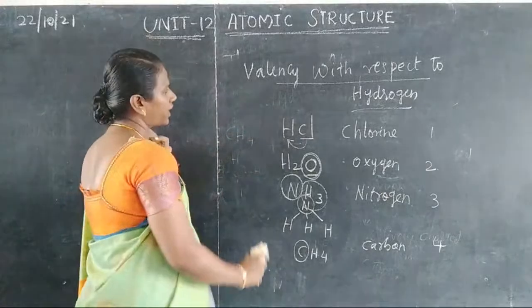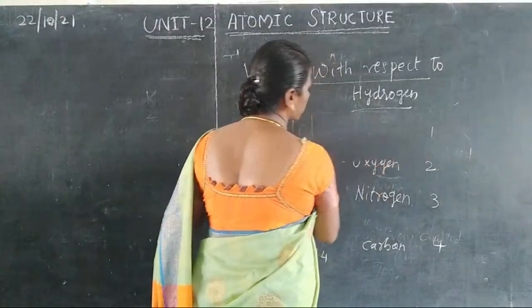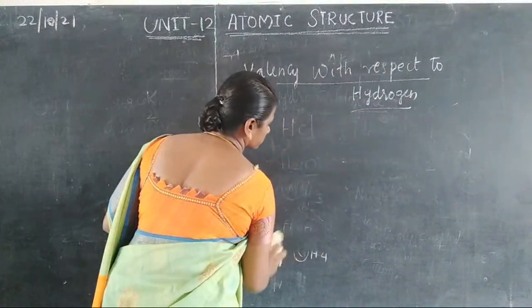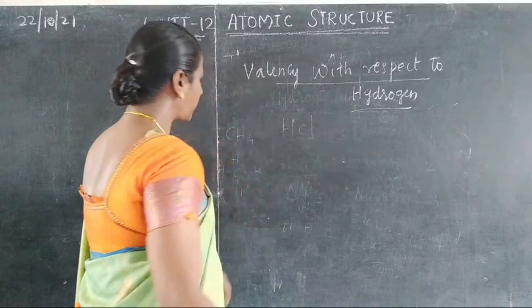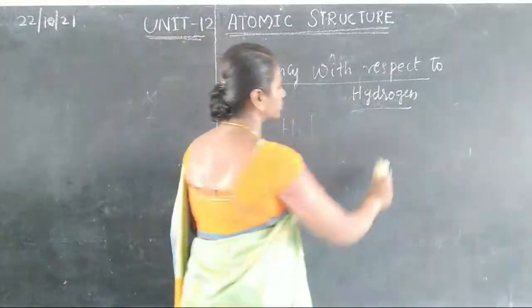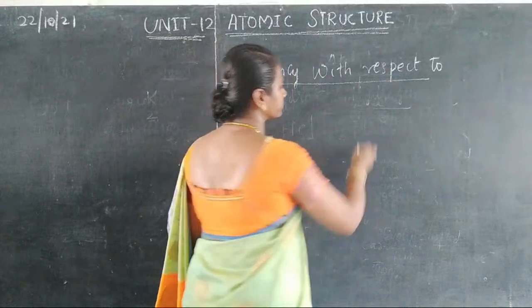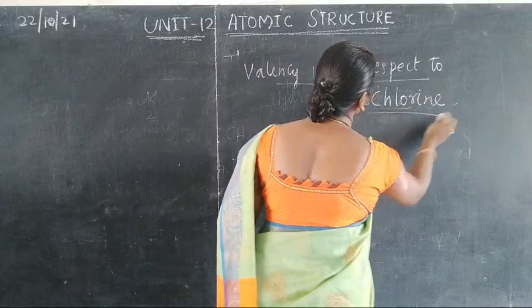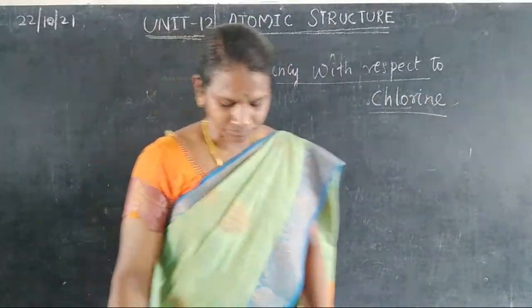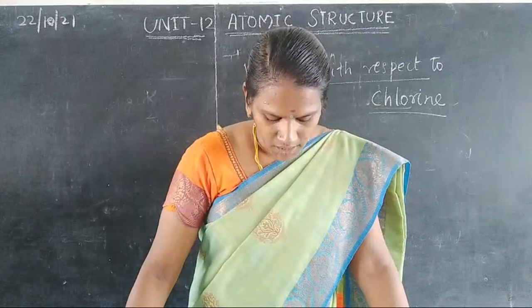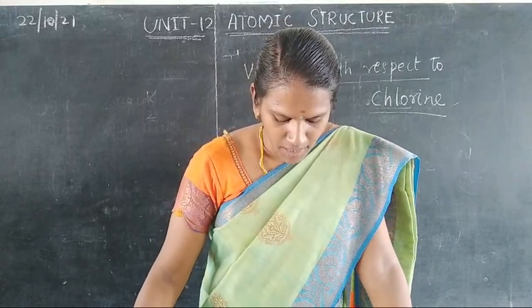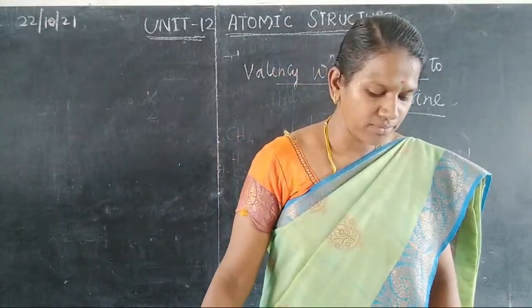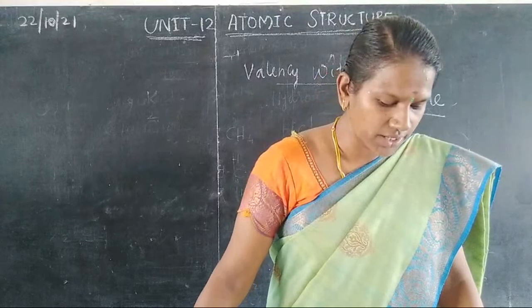Next, the valency with respect to chlorine. Since the valency of chlorine is 1, the number of chlorine atoms with which one atom of an element can combine is called valency.